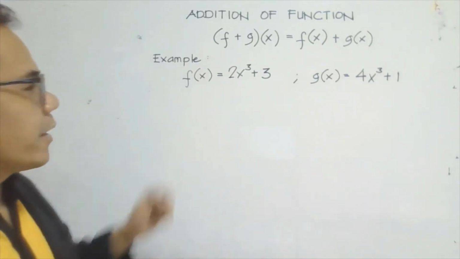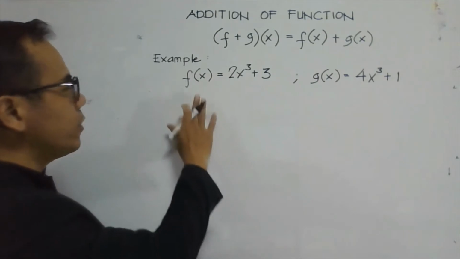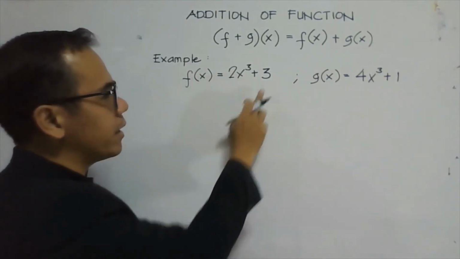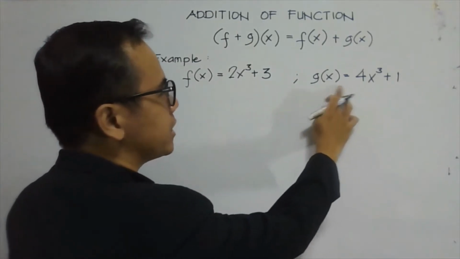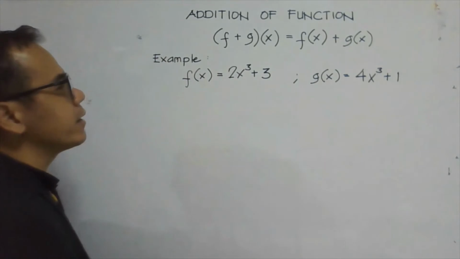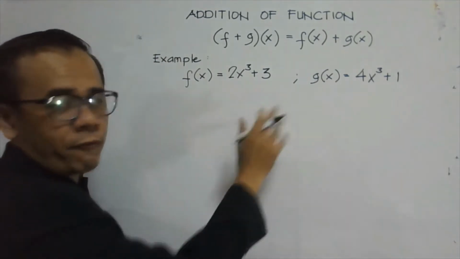We have here another example. As already given, we have f of x is equal to 2x cubed plus 3, and g of x is equal to 4x cubed plus 1. So let's find the sum of these two functions.